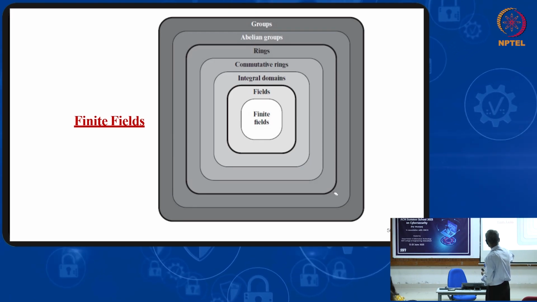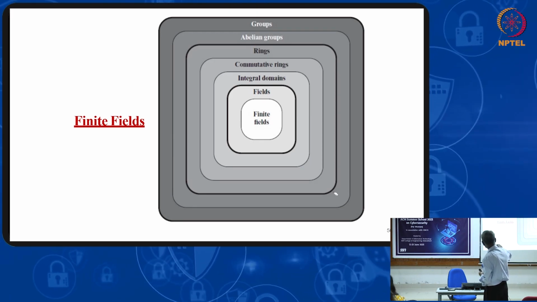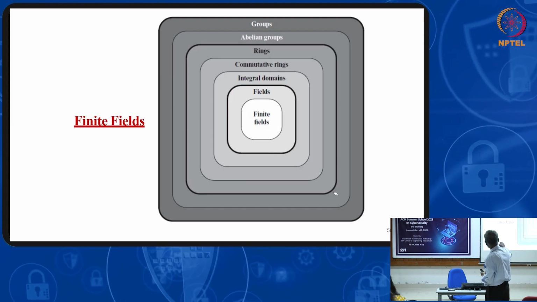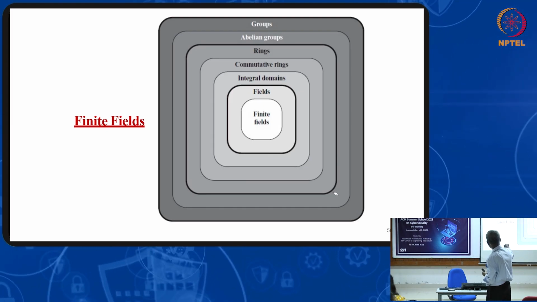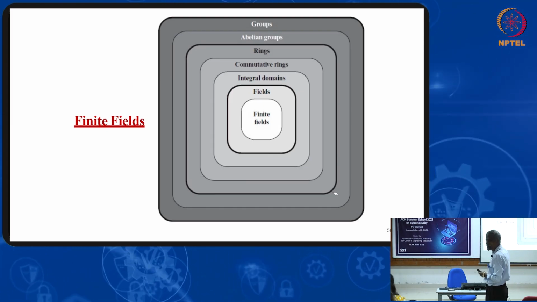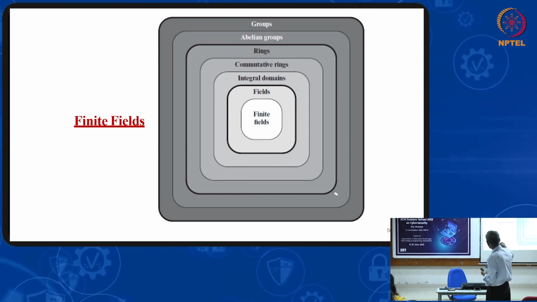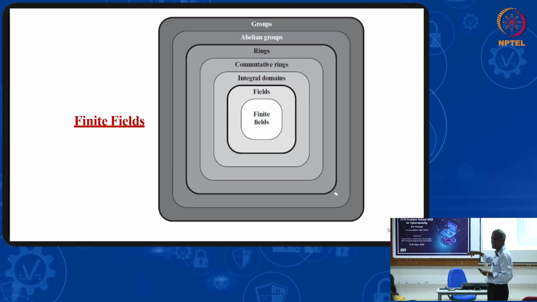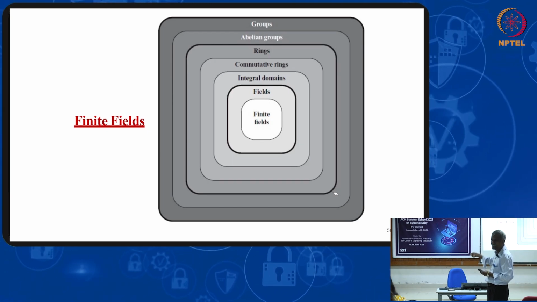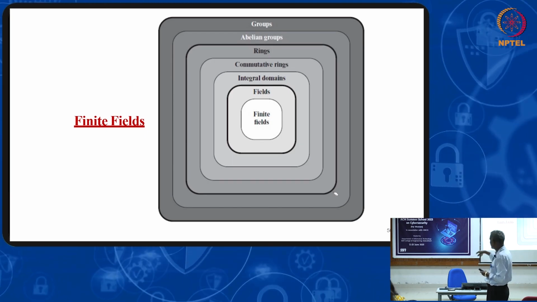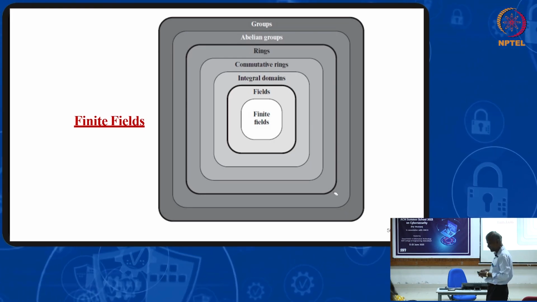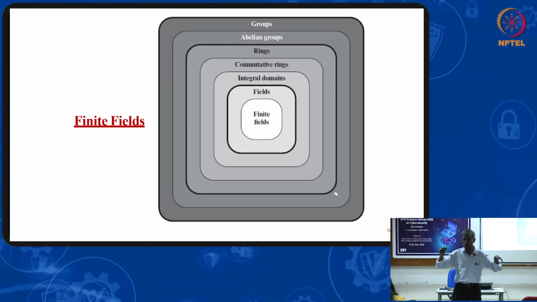Then, first, abelian group, to ring, to commutative ring. Commutative ring means multiplication also will be commutative. Then, integral domain. An integral domain is a commutative ring with unity. And a field has unity and inverse also. That will be a field. And a finite field will be satisfying a modular group.